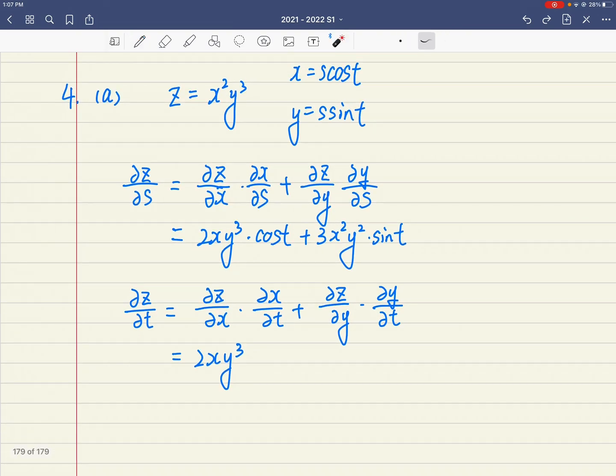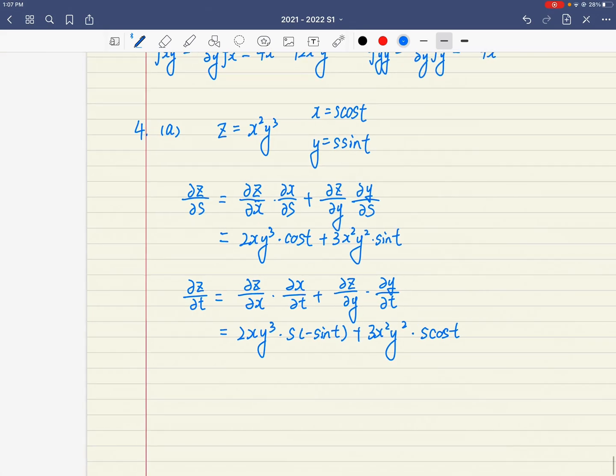You differentiate this by t, you get s cosine t, the derivative is negative sine t. What is dz over dy? Just copy, it's the same. What is dy over dt? You differentiate this by t, you get s cosine t. So that would be the partial derivatives.